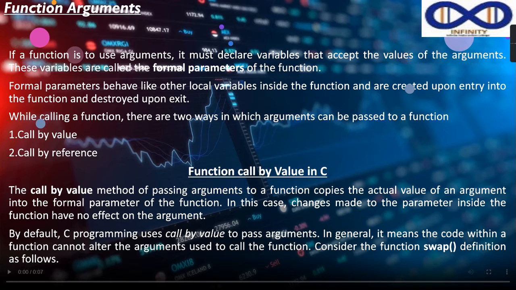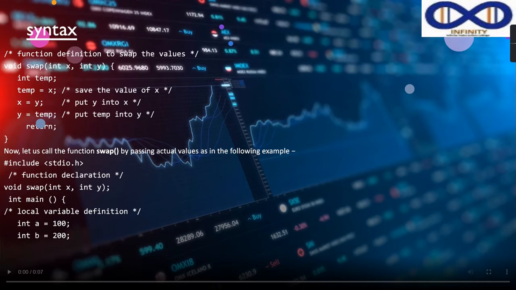Consider the function swap definition as follows. This is the syntax and the function definition to swap the values: void swap(int x, int y). Opening of the braces and int temp.